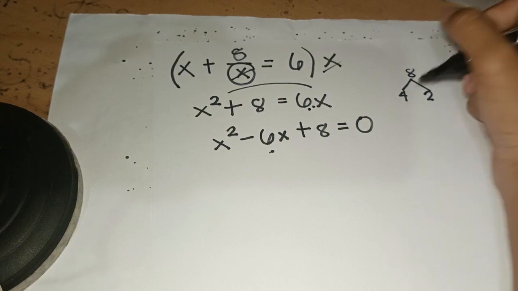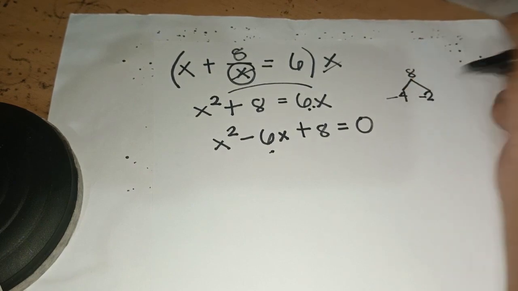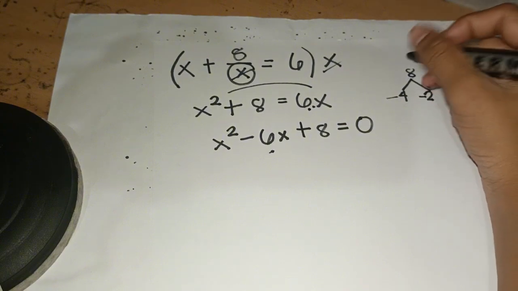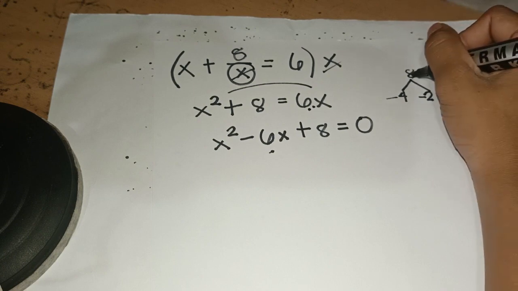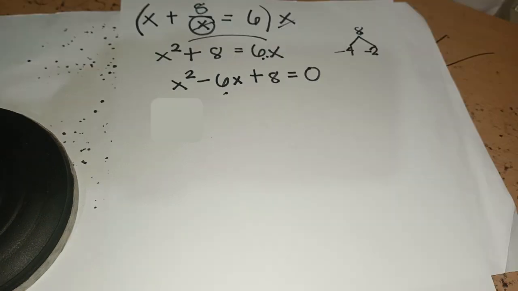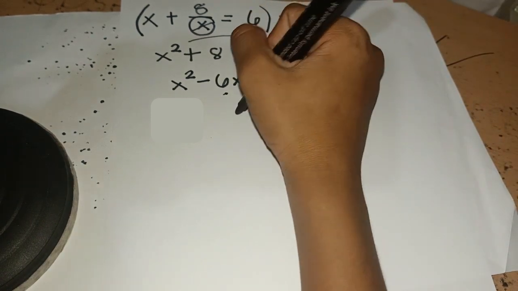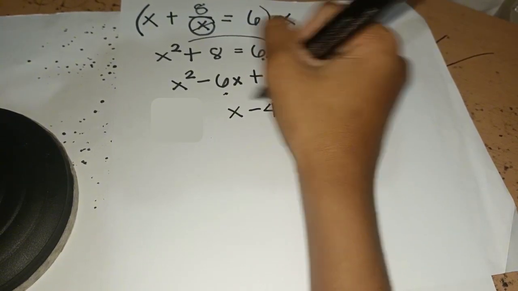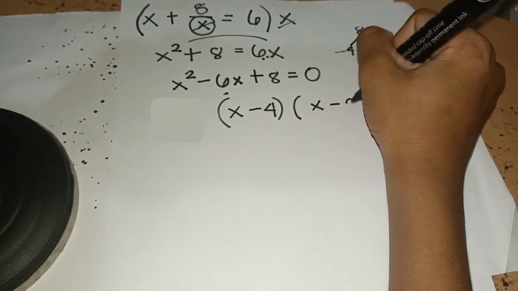However, if we add two negative signs, negative 4 times negative 2 is still positive 8, and so to factor it, it's going to be x minus 4 times x minus 2.